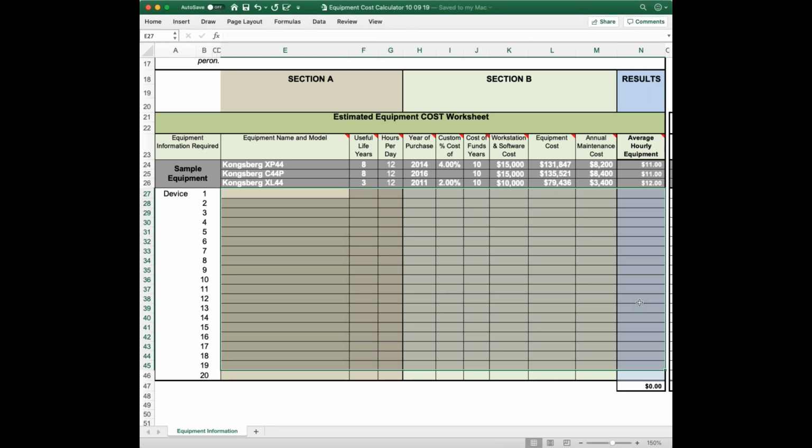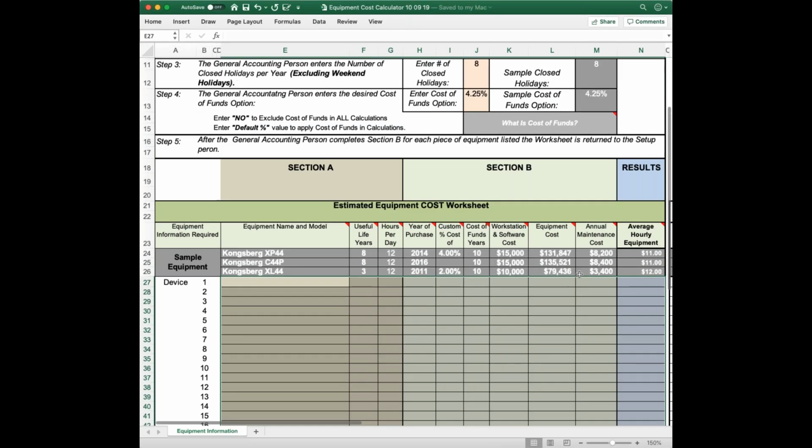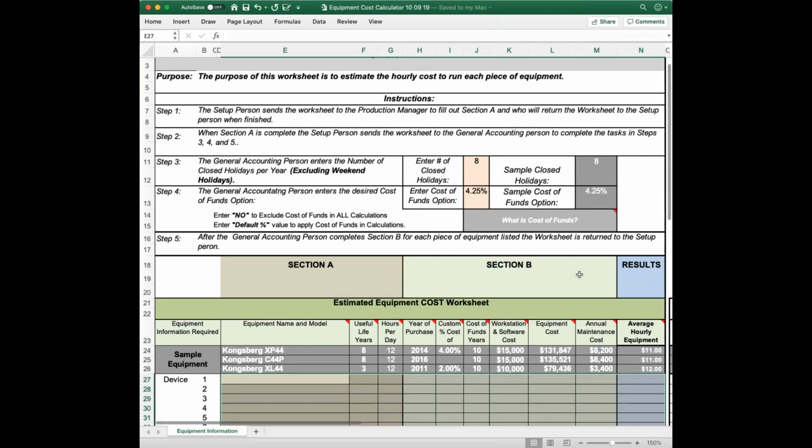When the setup person is done, when the accounting person is done, they return the file to the setup person, and now that setup person, basically his work is mostly done, except for going through and verifying things and then reviewing the results with the production contact.